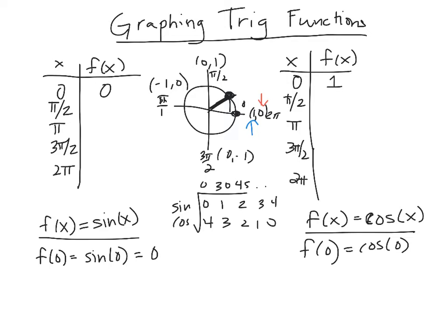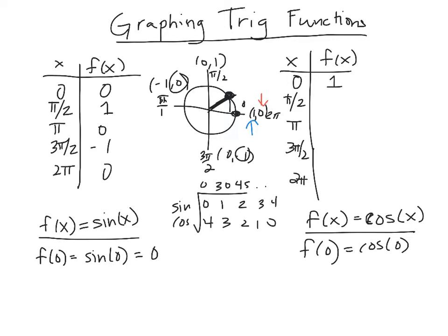So at pi over 2, we look at the y coordinate, which is just 1. At pi, we look at the y coordinate, which is just 0, negative 1, and then back to 0. So those are our 5 evaluated coordinates for sine, and same thing for cosine.